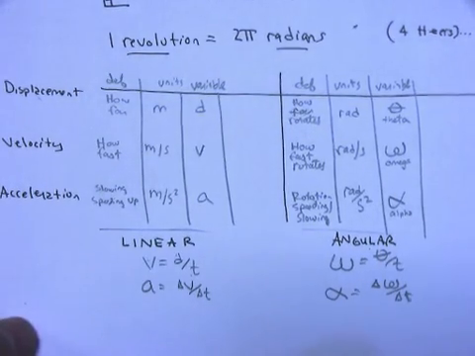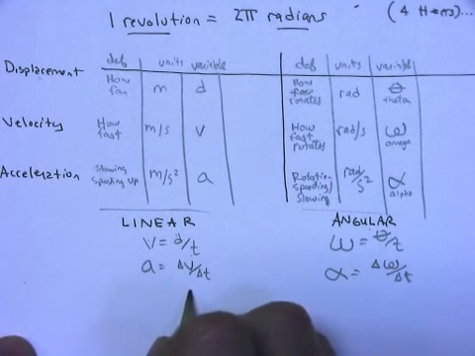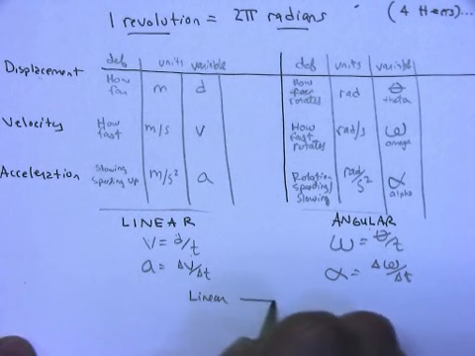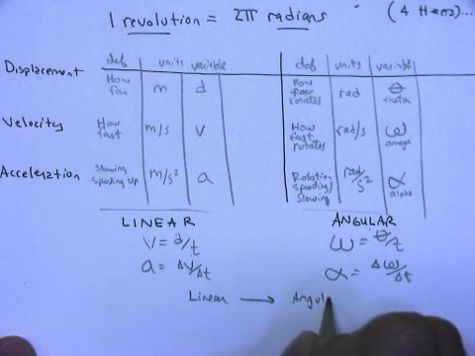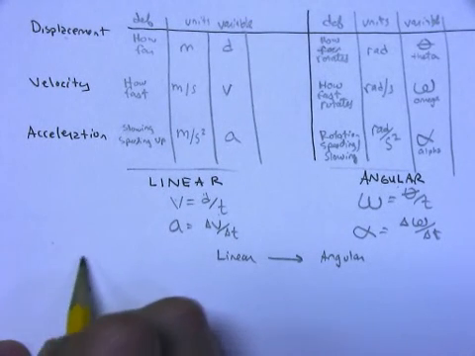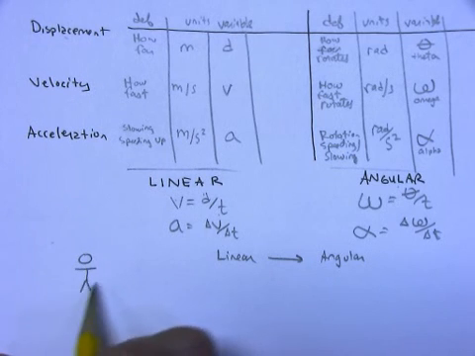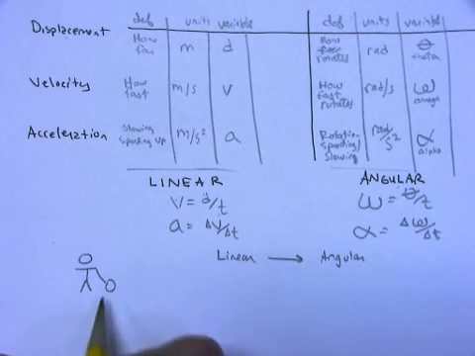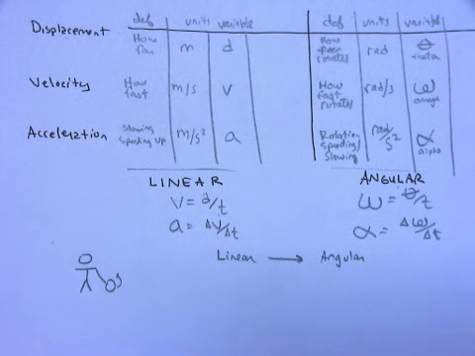Now we can relate the two of these. If I want to go from linear to angular. For instance, what if I was walking a cross-country course and I had my little wheel that rotates and counts?